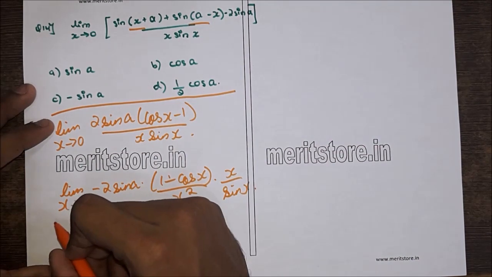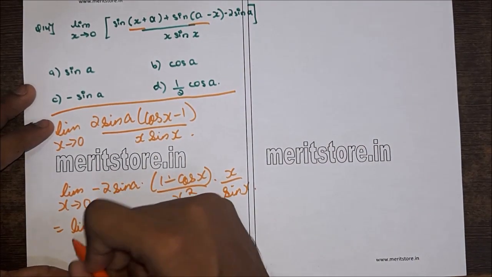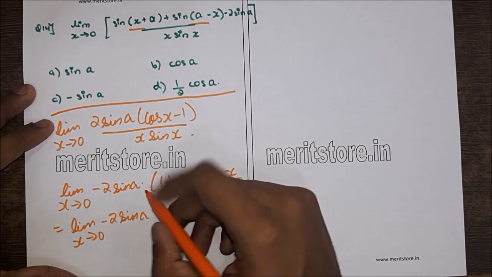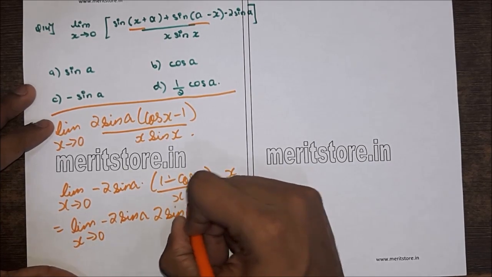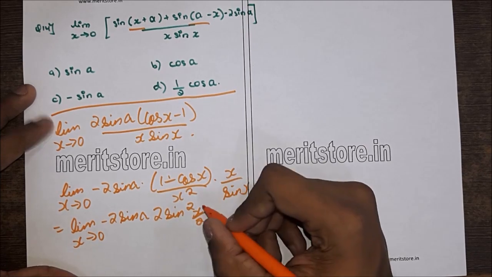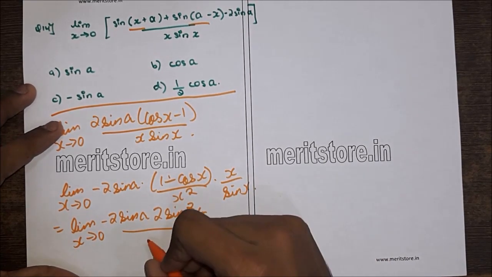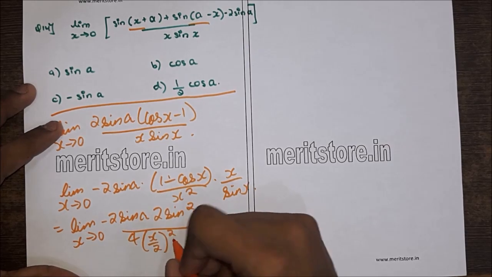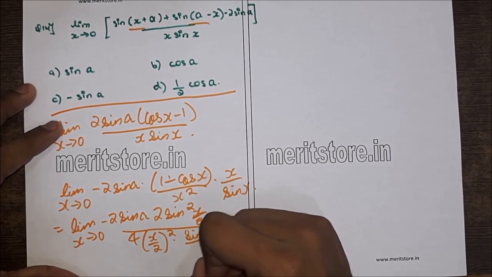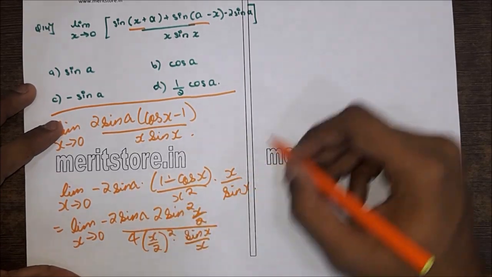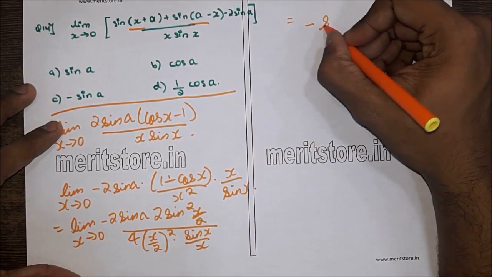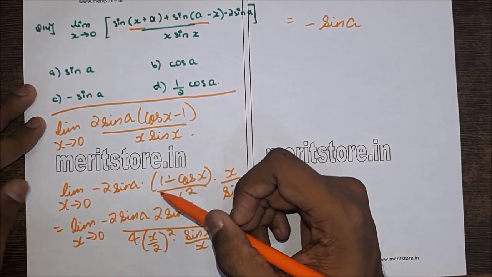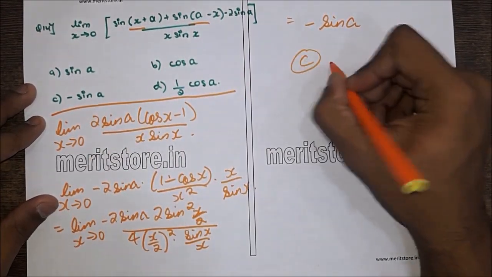We further solve this, giving us limit of x tends to 0, −2 sin a into 2 sin square (x by 2) upon 4 into (x by 2) the whole square, into sin x by x. Which is nothing but −sin a on applying the limit of x tends to 0, which is option C.